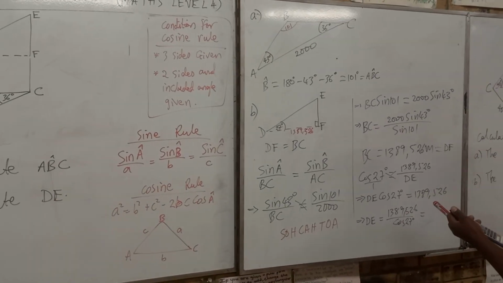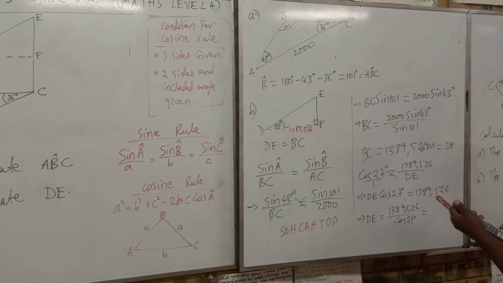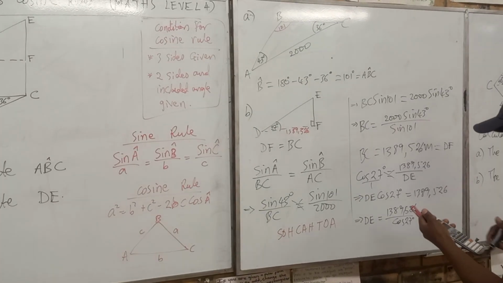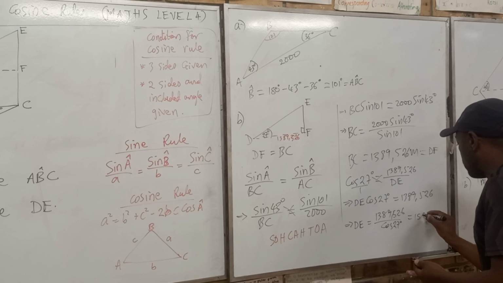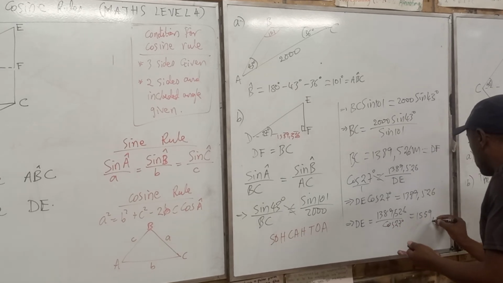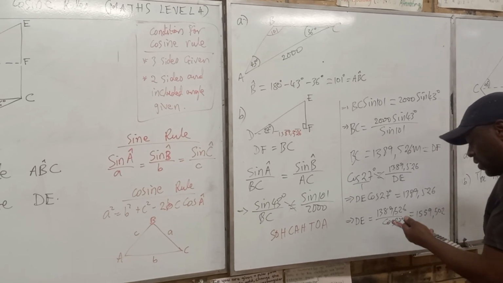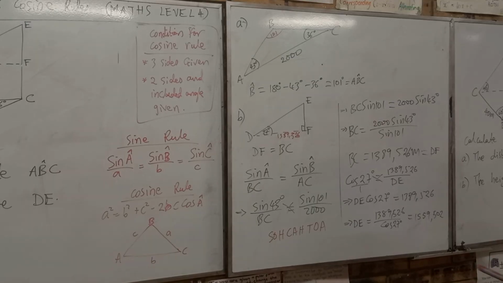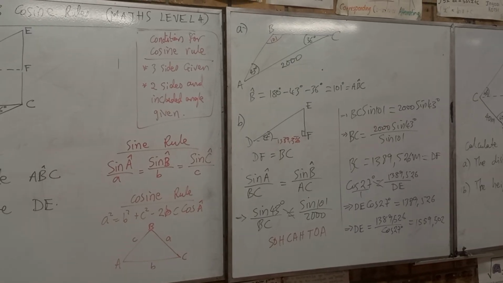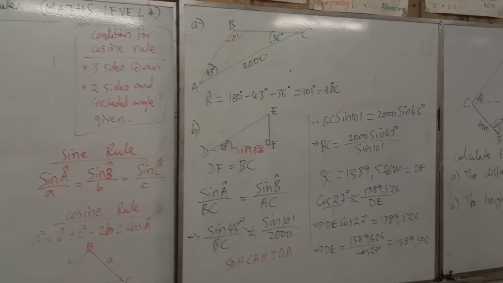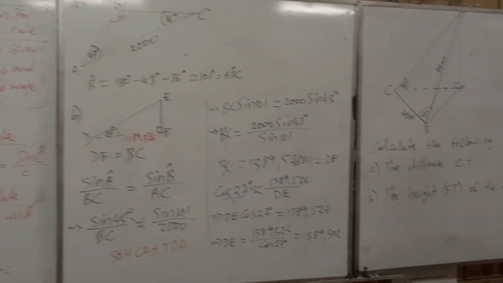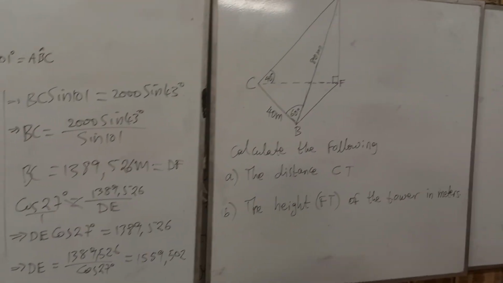So I'm dividing this by cos 27. And that tells me that my DE is 1559,502. So that's how you get DE in that problem. So apply the sine rule with a bit of trigonometry. So we are now going to look at this one as well.